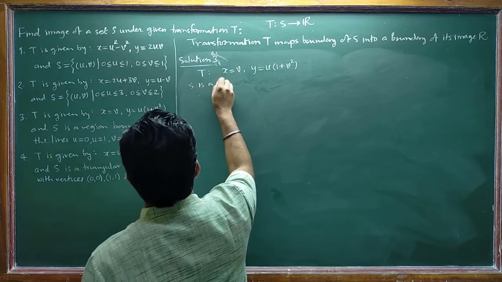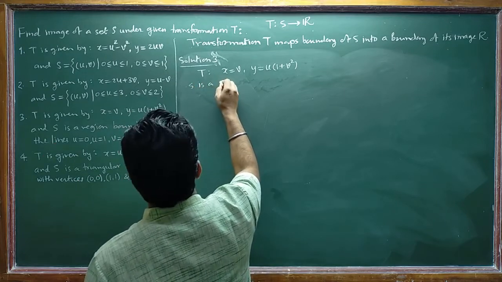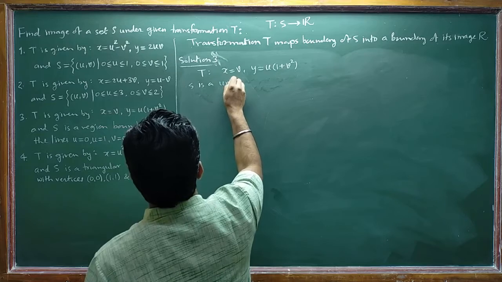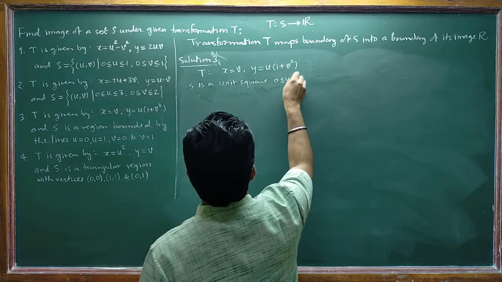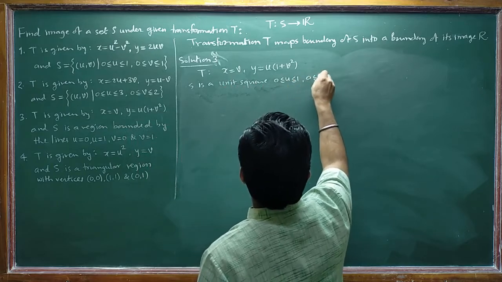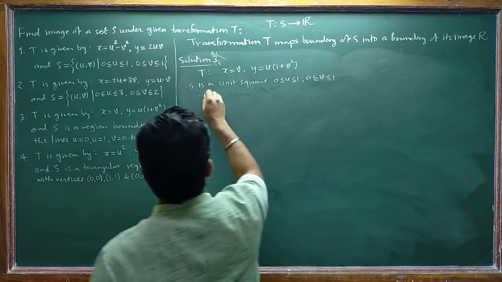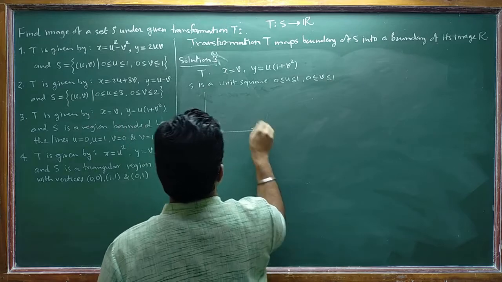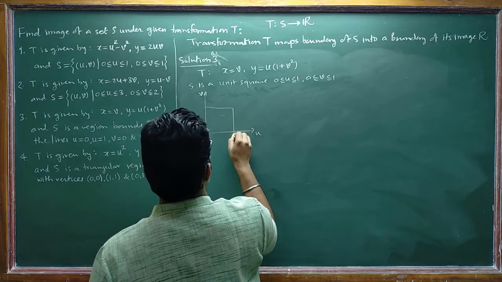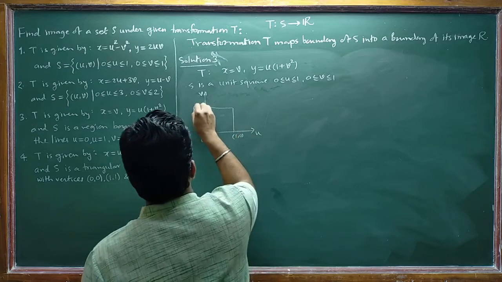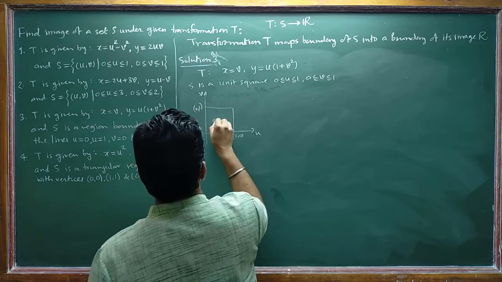S is a unit square. What is it? This thing. Okay. U, V, origin, and this is a unit square. 1, 0, 0, 1. This is region S.